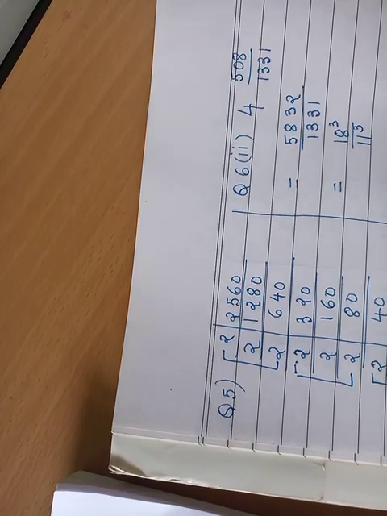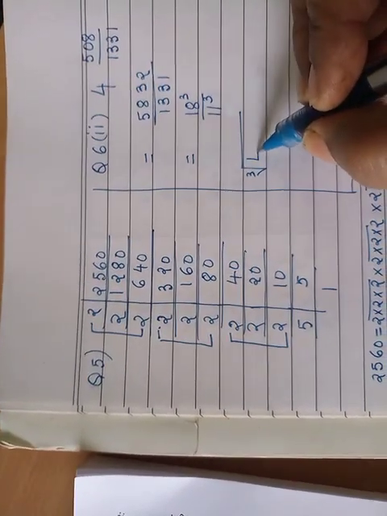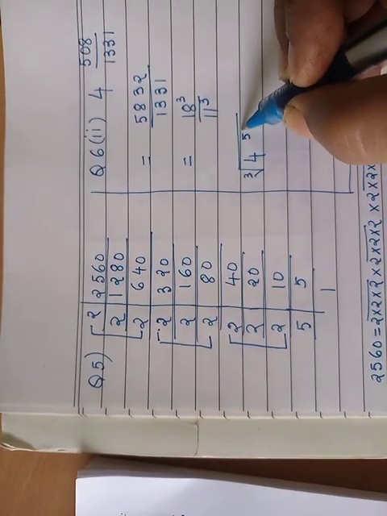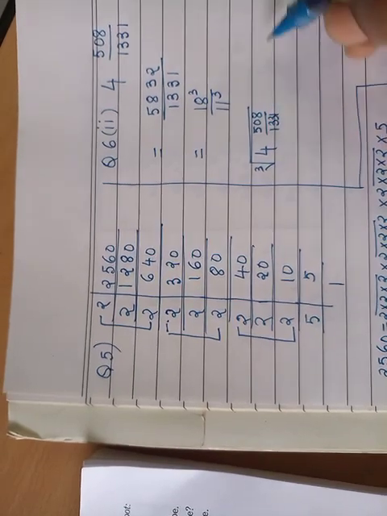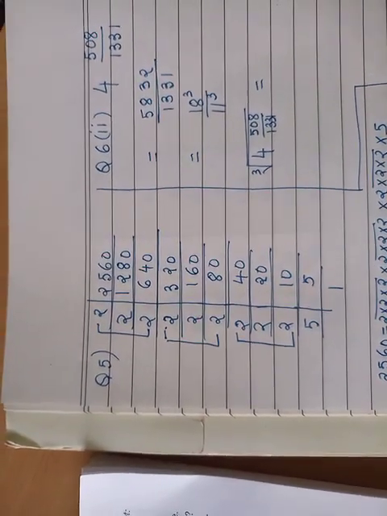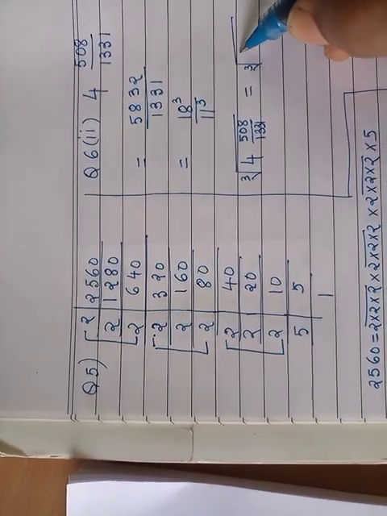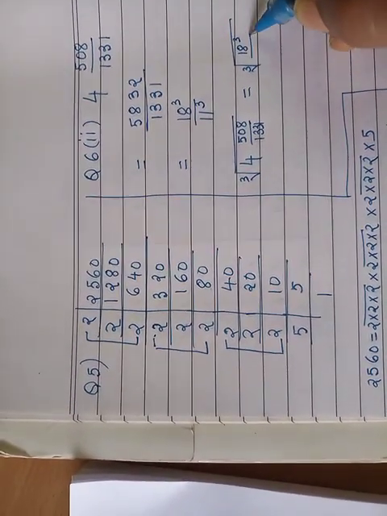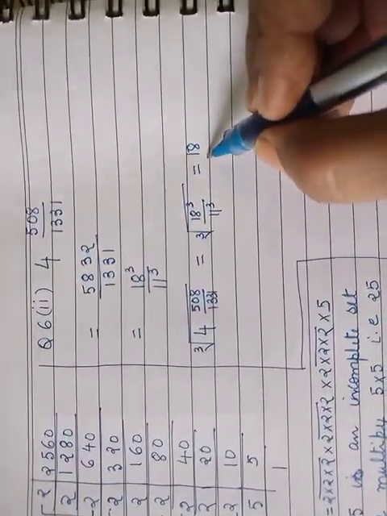So the cube root of 4 whole 508 by 1331 is the cube root of 18 cube upon 11 cube, that becomes 18 by 11.